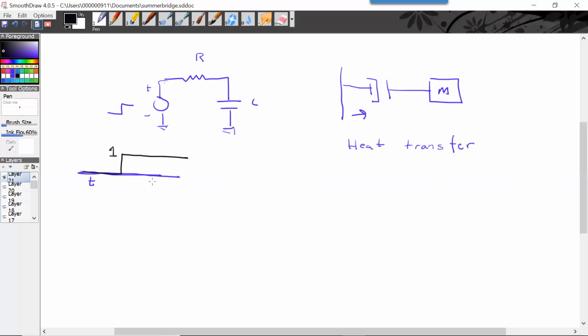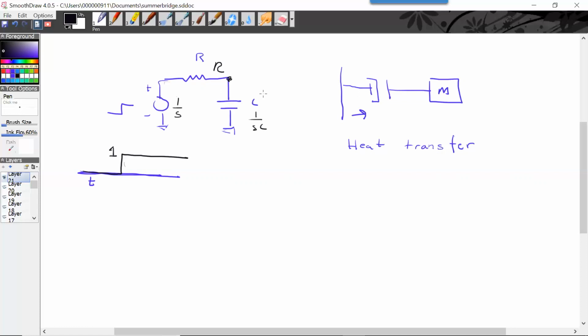All right. Now, the way this would work is that I would convert everything to Laplace. This relationship becomes this, R stays R, and this is 1 over SC, right?